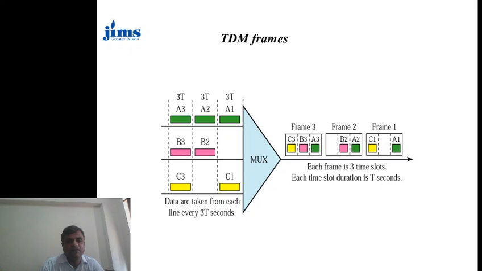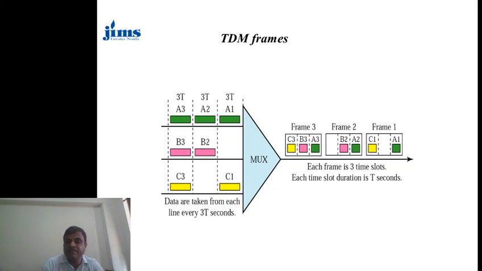See here how it will work. You see A3, B3, C3 are combined, then A2, B2 and C2. There is no C2, so its time slot is allocated to C, but it is not utilized, so it will be blank. Similarly, in the second case, a time slot is also allocated to B, but A utilizes its time slot, so it is A1. B is not utilized, so B is blank.